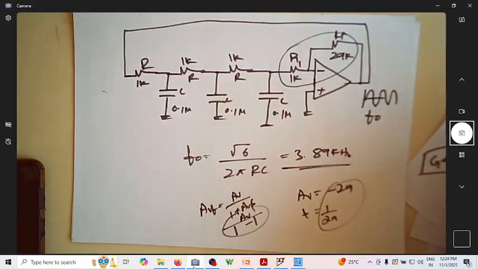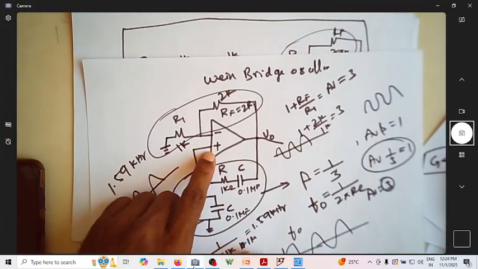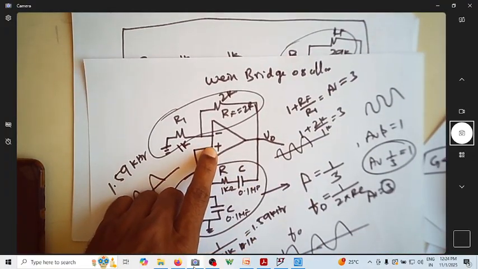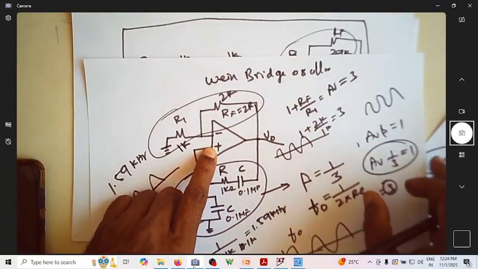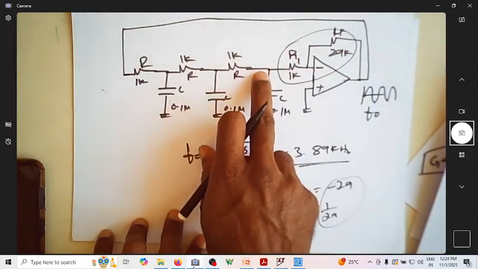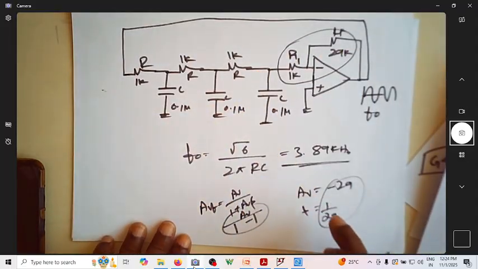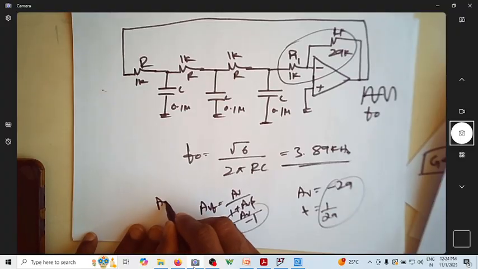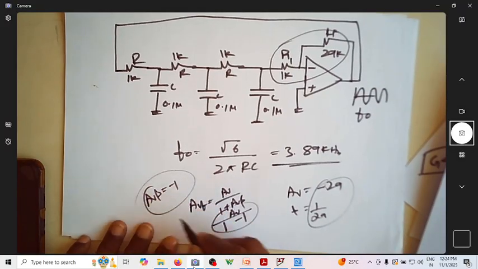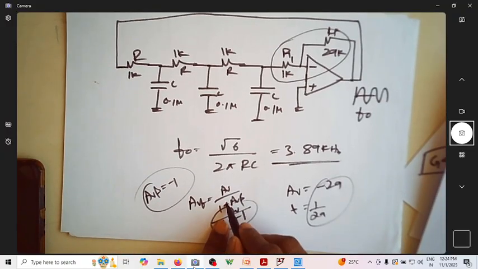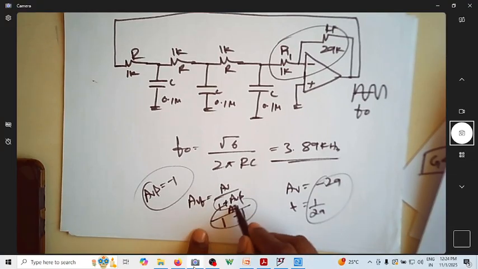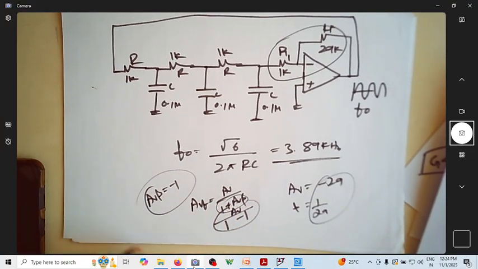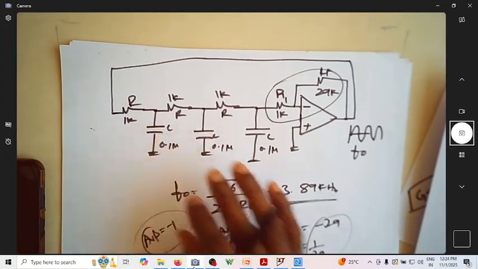So the difference is, in one case you are providing a positive feedback, A beta is equal to 1. Here you are providing a negative feedback, A beta is equal to minus 1. Even though you are providing a negative feedback, because this A beta is minus 1, this denominator will become 0. So this is the RC phase shift oscillator.